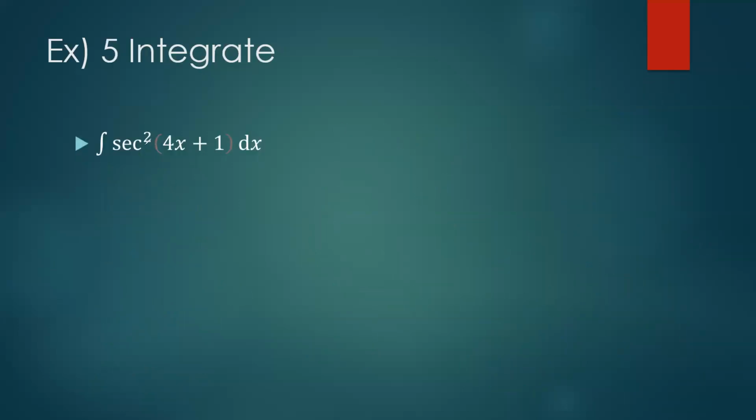So we have the integral of secant square parentheses 4x plus 1 parentheses dx. So my u is always the more complex one. So I'm going to say u as my 4x plus 1. du would be the derivative of 4x is 4. The derivative of 1 is 0. And then don't forget you add dx on the right.